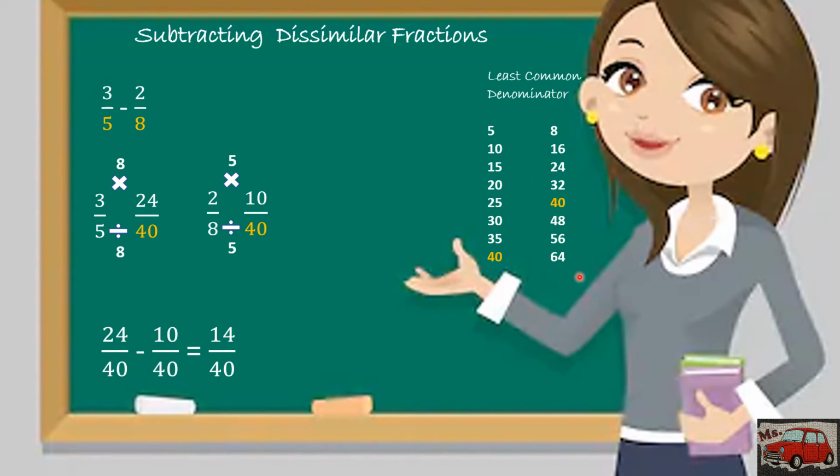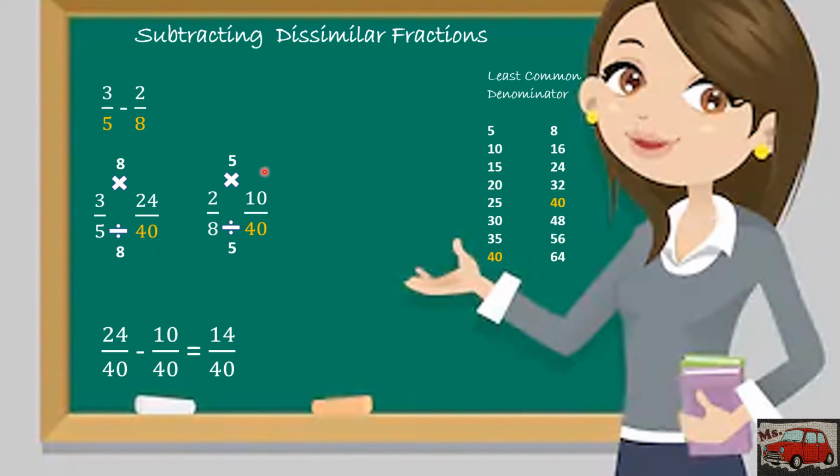So, kunin natin yung pinakamababa nilang multiples, which is 40. Okay? Then, next is, yung 40, i-divide natin dun sa old nilang denominator. So, 40 divided by 5, that is 8. And then, yung 8 na sagot, multiply natin sa numerator. So, 3 times 8, that is 24. So, the equivalent fraction of 3/5 na gagamitin natin is 24 over 40.